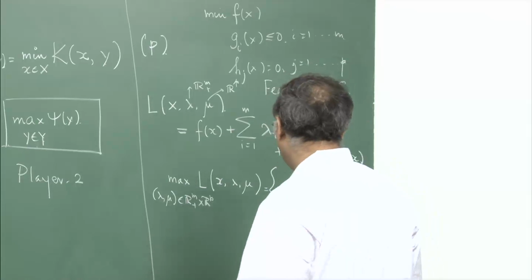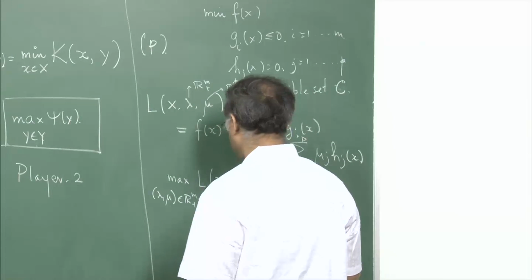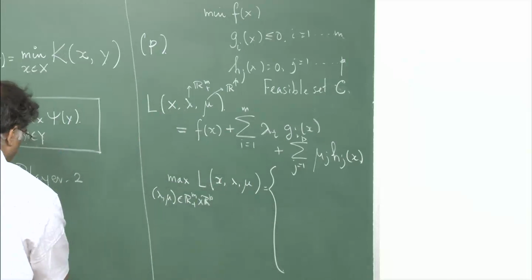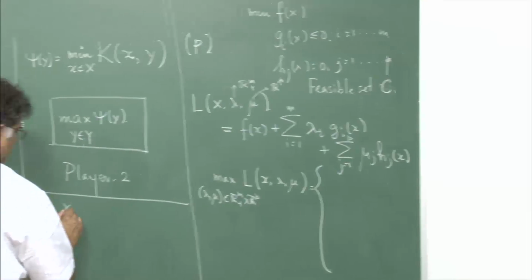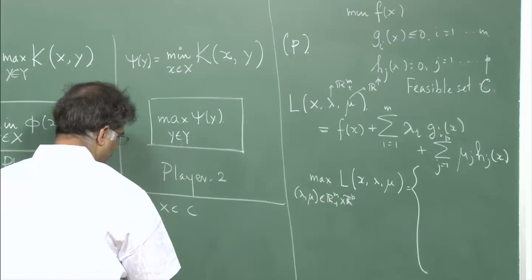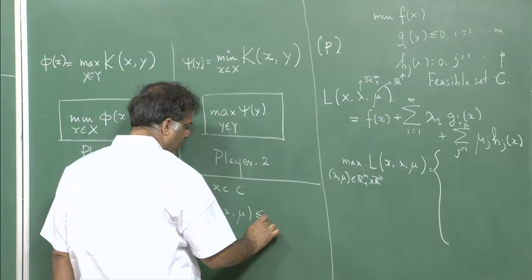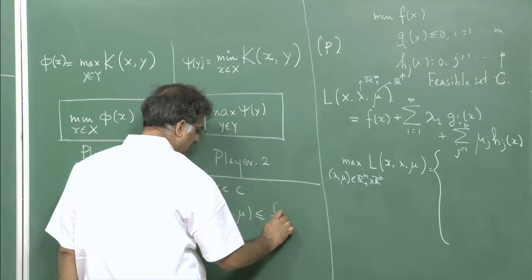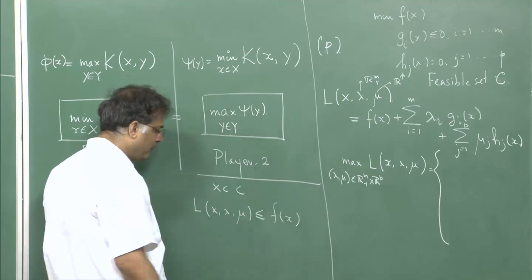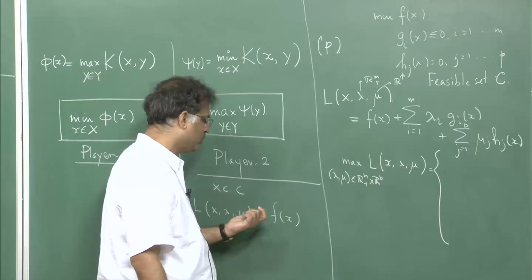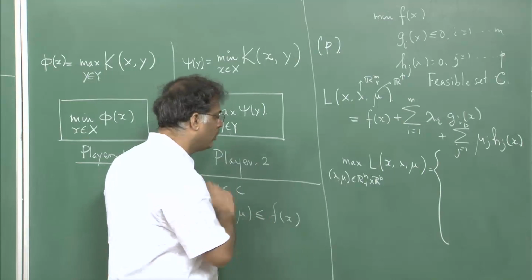So, when x is in C, the Lagrangian for any lambda and mu you choose in this set is less than or equal to f(x). But if you choose lambda and mu both to be zero vectors, then that is exactly equal to f(x).